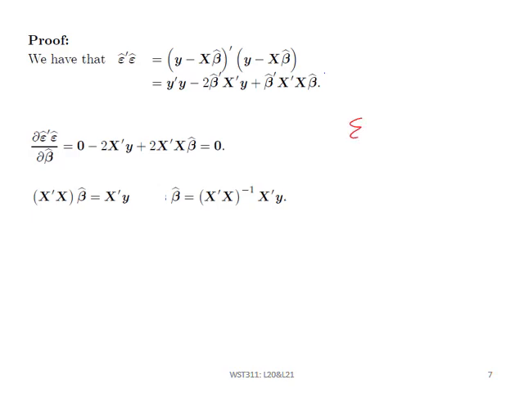The error equals y minus X beta. If we replace beta with the estimator for beta, we can get the estimated errors. By taking the inner product of the errors, we get the least square criterion, which we need to minimize to obtain the value for beta hat.